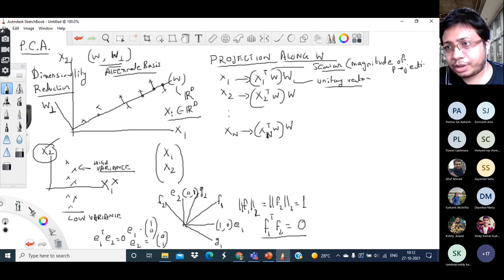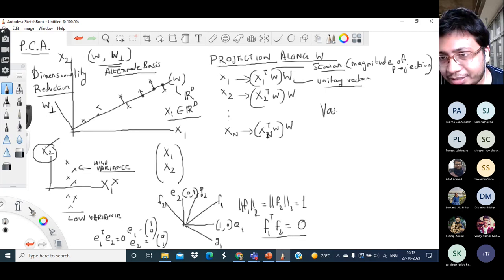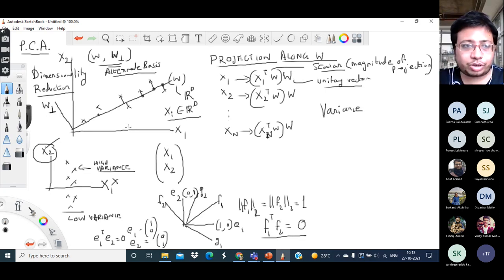In the case of PCA, in the dimensionality reduction which we are talking about, what we really want to do is to choose W in such a way that the variance of these projections is maximized. Earlier I was talking about finding that direction along which the variance of the data is maximum.